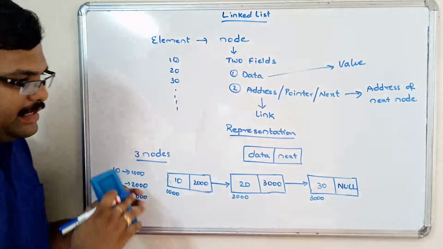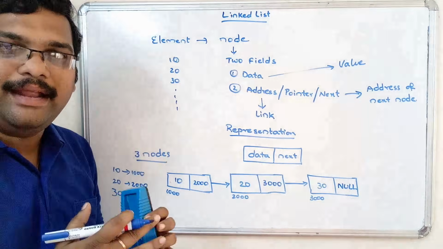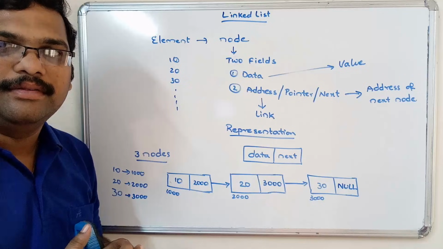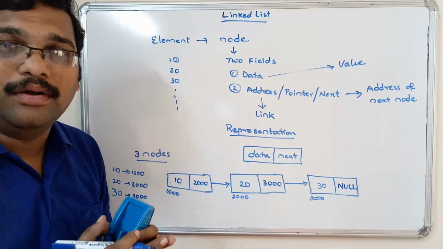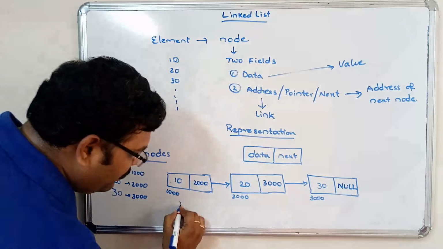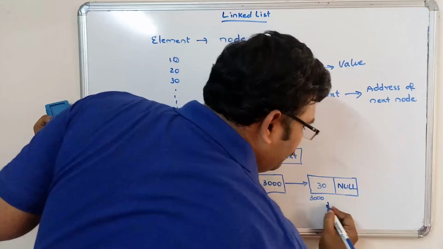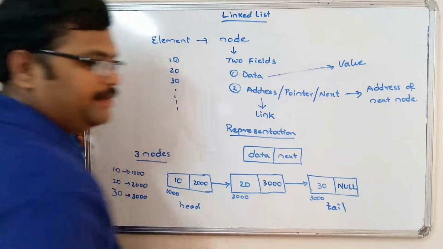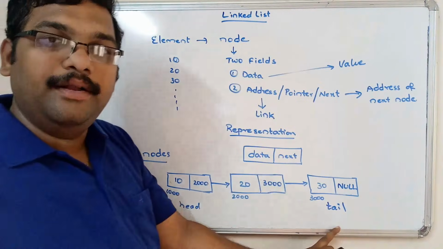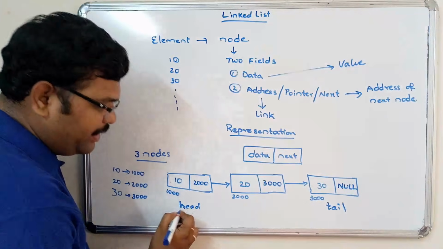And this linked list will have the head and tail, two other concepts. Head will be the starting element, tail will be the ending element. Head and tail are names of nodes.